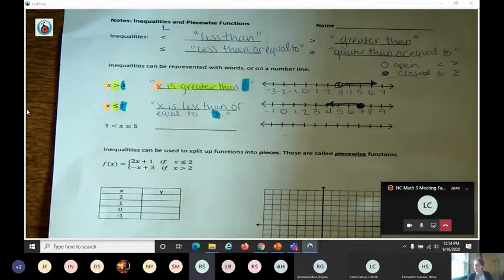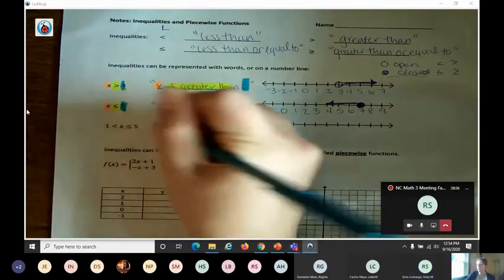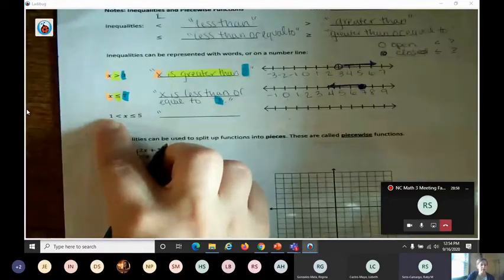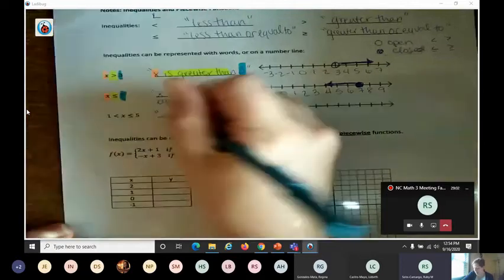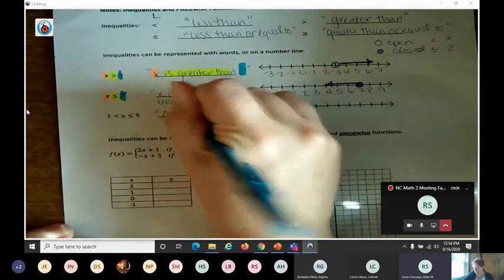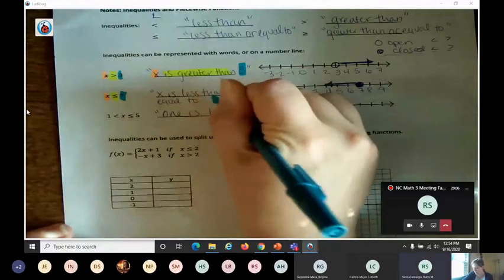Yeah. All right, so Ruby, I want you to help me write this sentence out for this one. So what am I going to start with? What's the very first one I have? Oh, one is less than. Good.